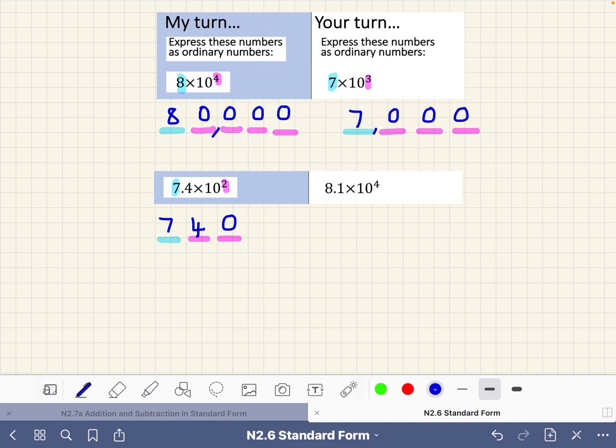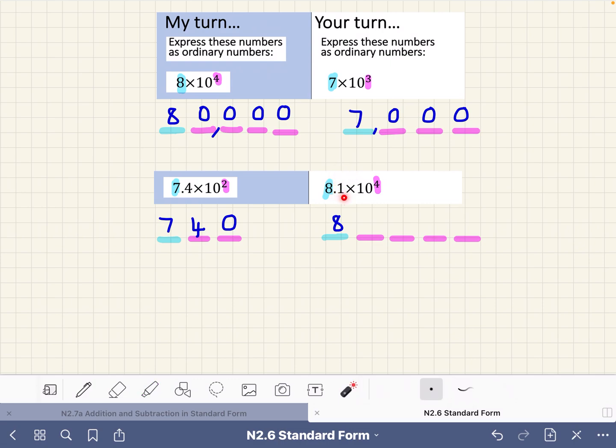Press pause while you try the your turn question. Our standard form number starts with an 8. Our ordinary number will also start with an 8. We have a power of 4, which means we have 1, 2, 3, 4 spaces after our 8.